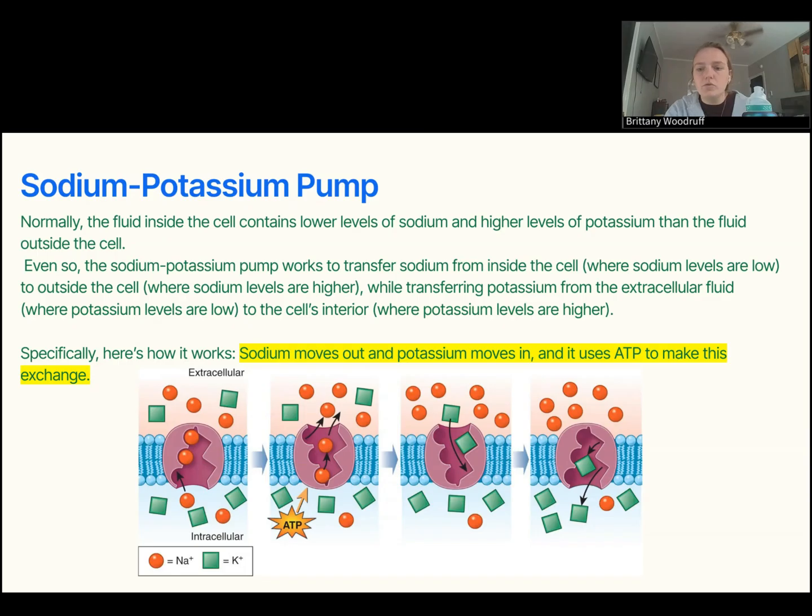This is going to move sodium out of the cell and potassium in, and uses ATP to make the exchange.